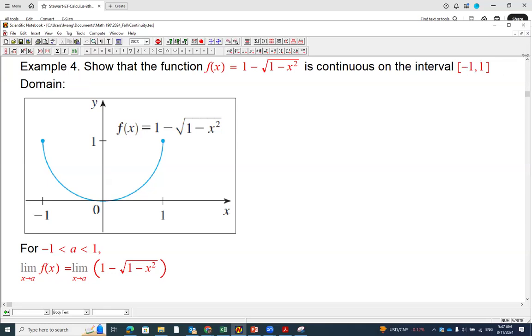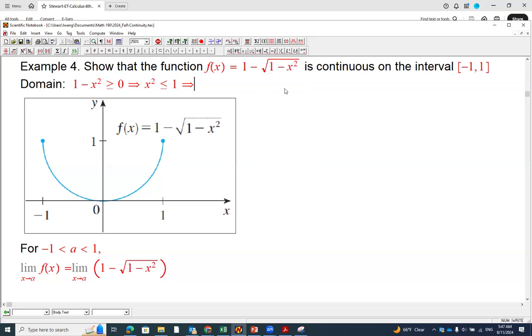To determine the domain, you just have to take 1 minus x squared, and that needs to be greater than or equal to 0. And this will lead to x squared less than or equal to 1, right?